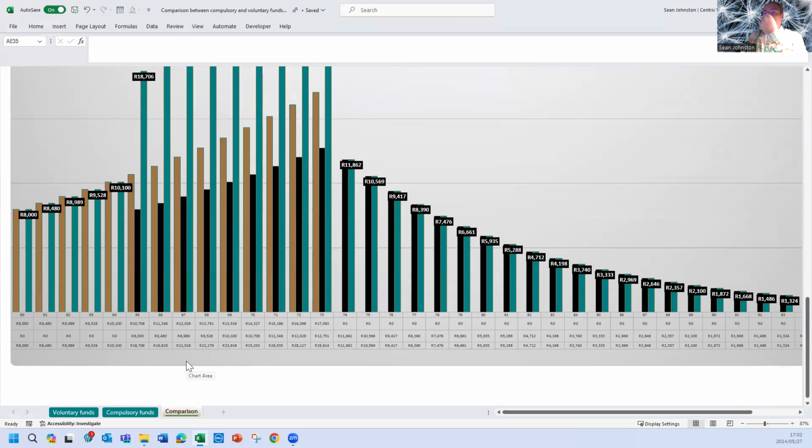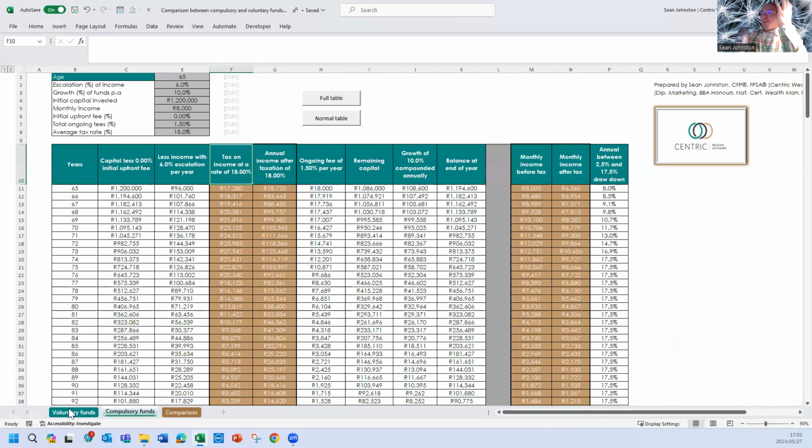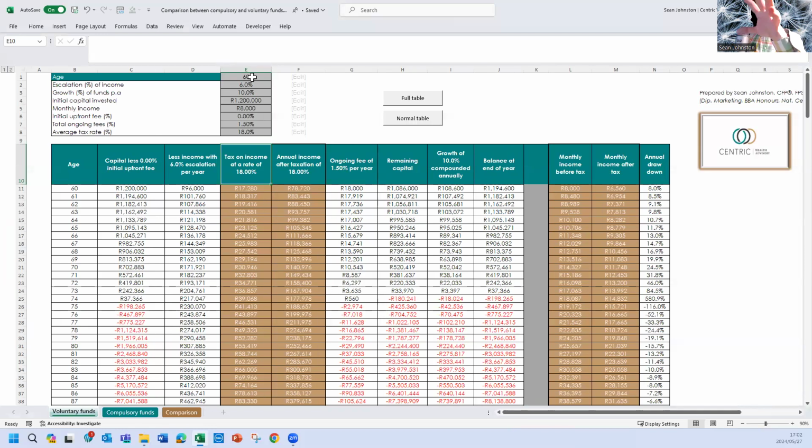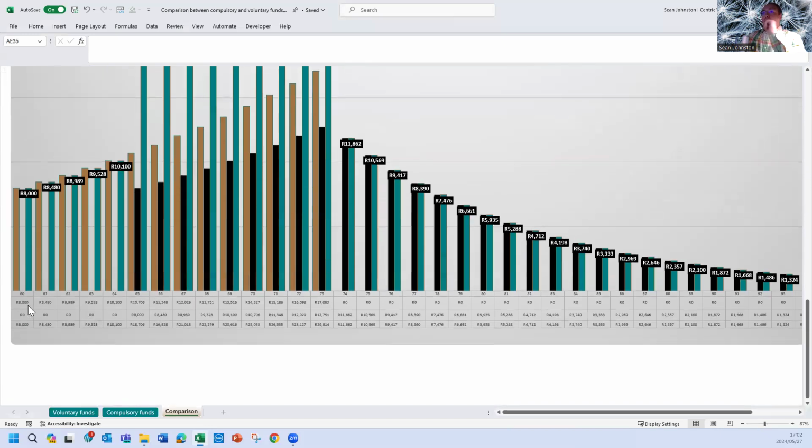Yes, okay, so I've had to design this so that you access voluntary money first, and then you access your compulsory money later. So you can see over here, from age of 60, we are drawing from the voluntary money. And then from age 65, you start drawing from your compulsory money.